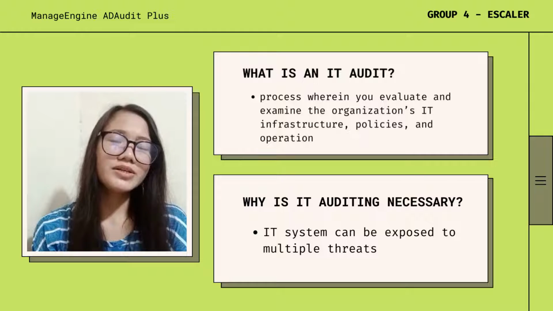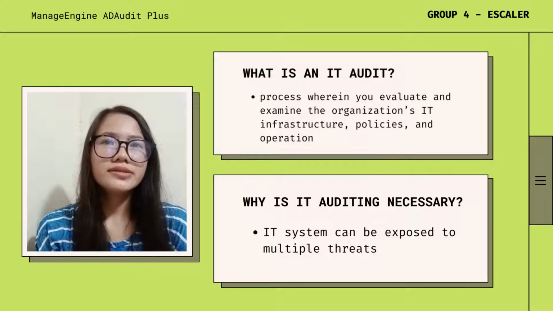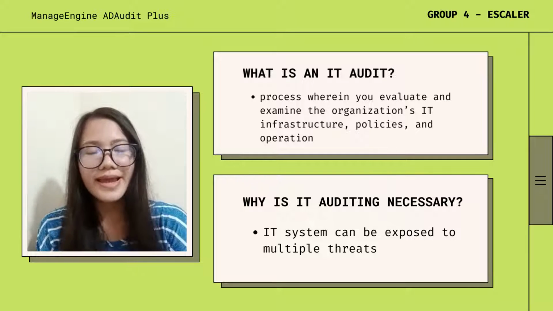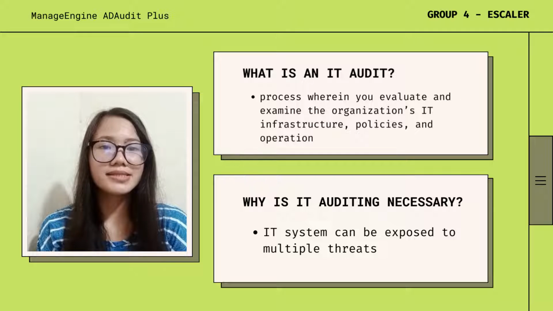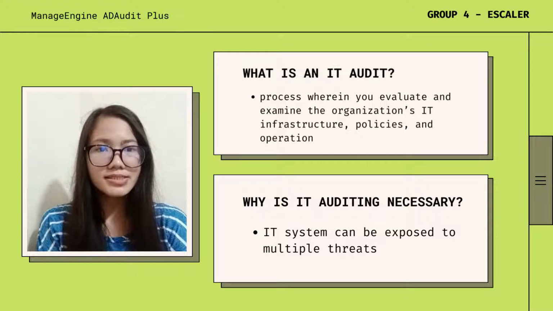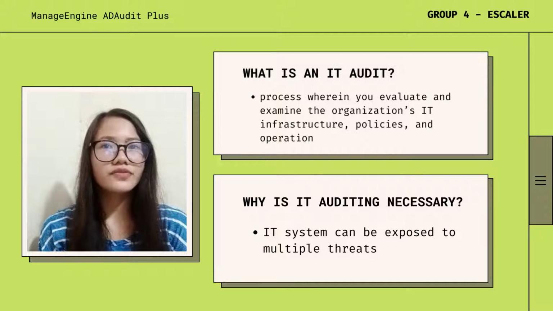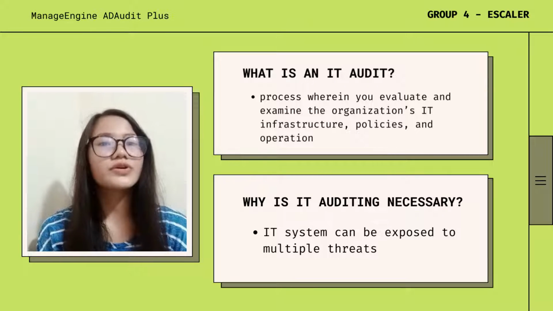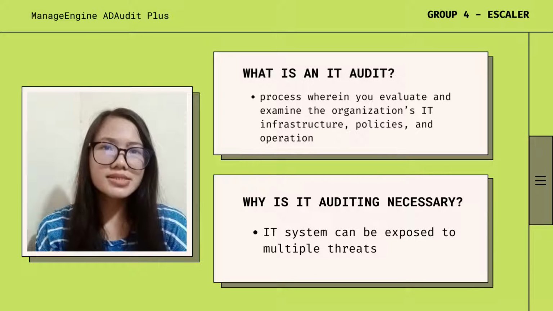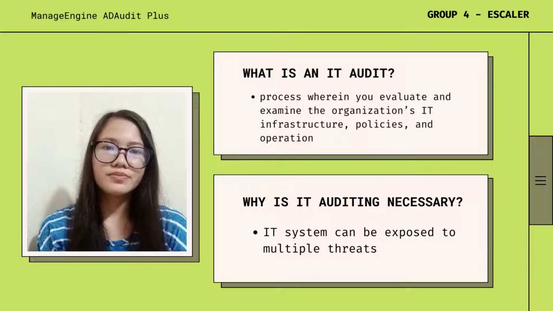So what is an IT audit? An IT audit is a process wherein you evaluate and examine the organization's IT infrastructure, policies, and operations. So it covers a wide range of software applications, security systems, operating systems, and more.